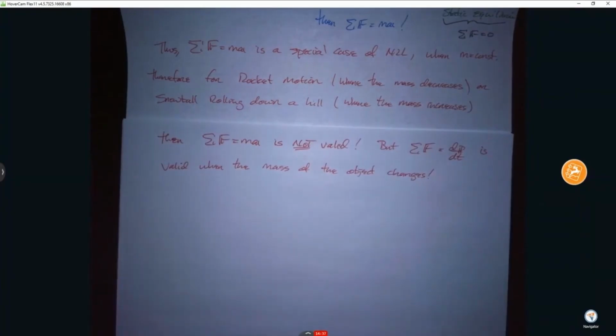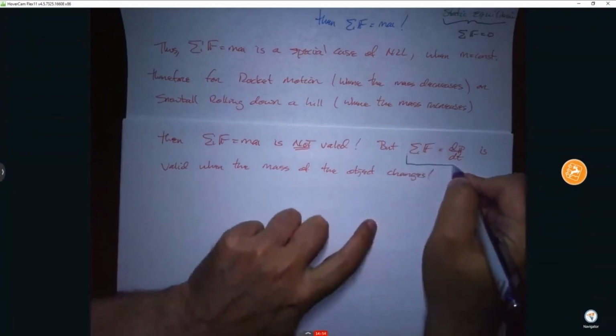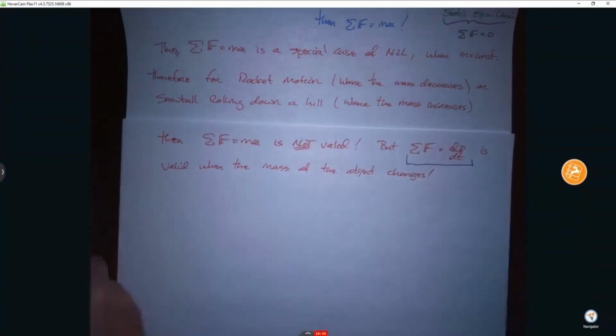That's one of those funny things we have to be careful about. If the mass of the object is going to change, then we have to use this new version of Newton's second law, the time derivative of the momentum, to solve those problems. However, if mass is constant, then we can use the version we've been working with all along.